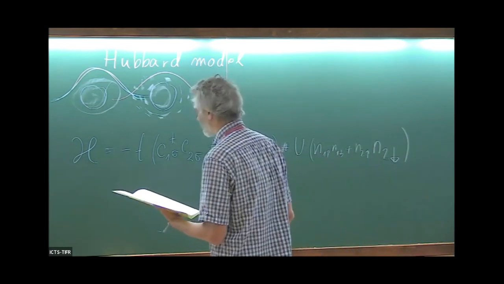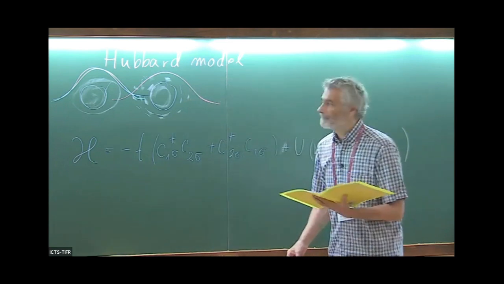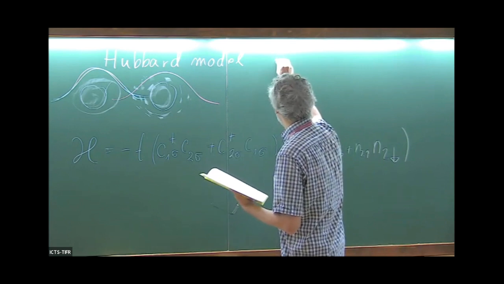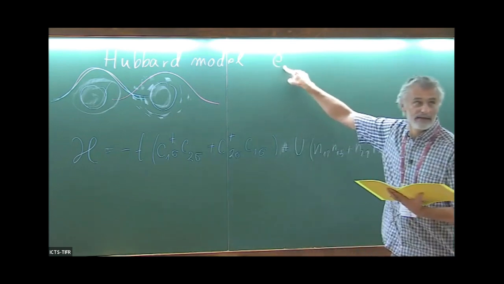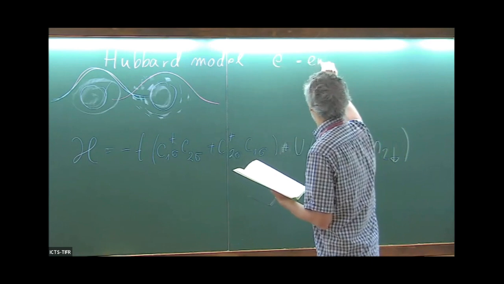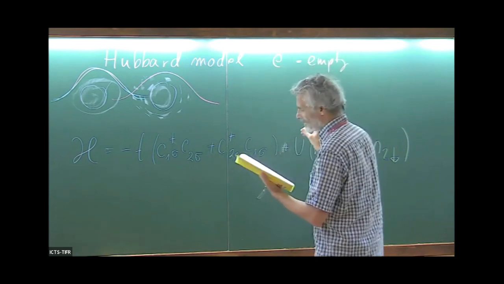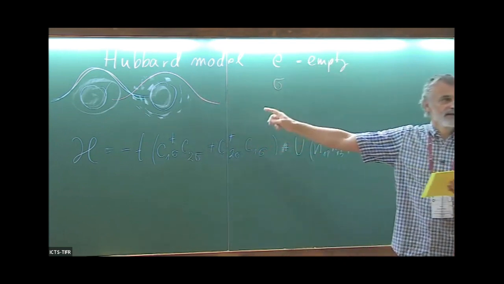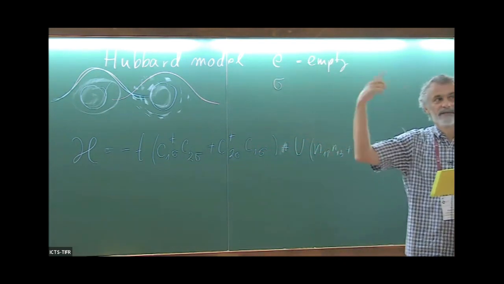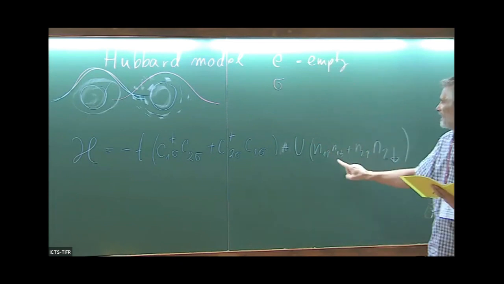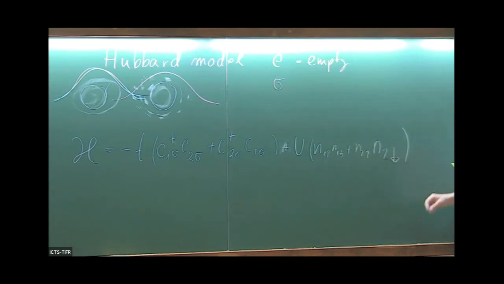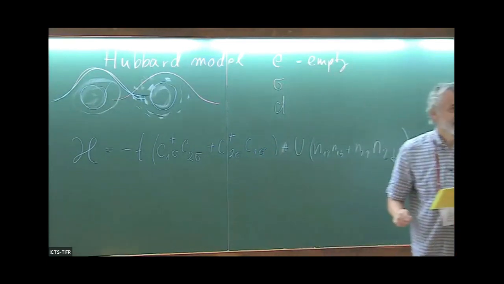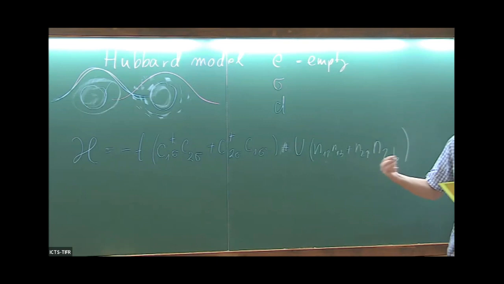So what are the states? We can have, I will use E for an empty site. I will use sigma for a site occupied by a sigma spin electron, which can be pointing up or down. You see, I used here an up arrow and a down arrow. And I will use D for a doubly occupied site, which means that two electrons are present.